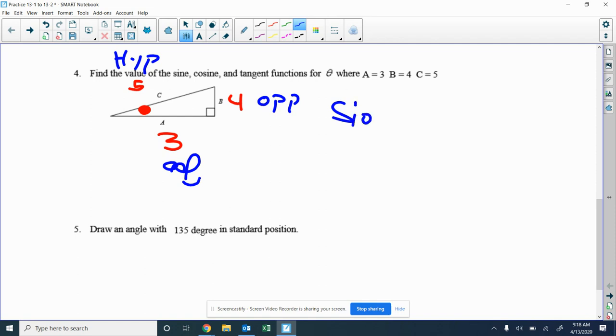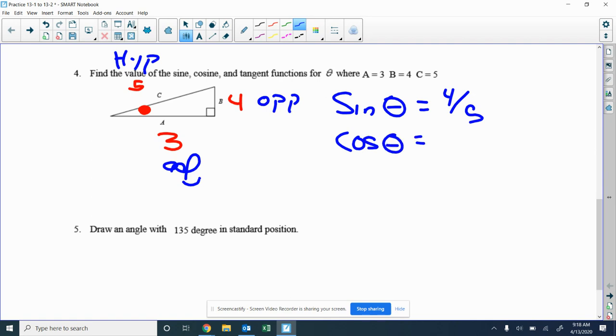So sine, whoops, make that sine there, of your angle, your theta, your sine of your theta is 4/5. Your cosine of that theta is 3/5. And your tangent of that guy is 4/3.